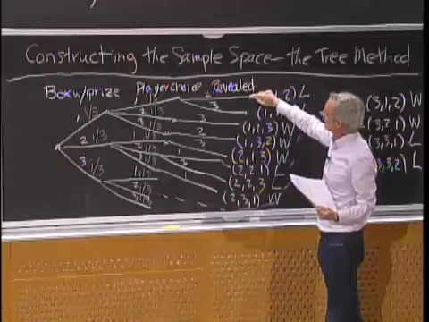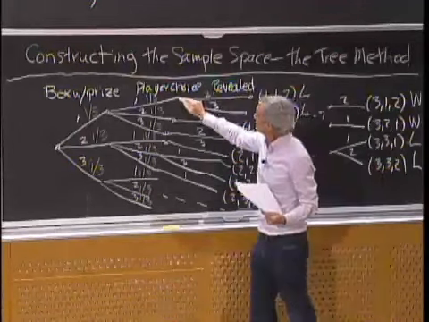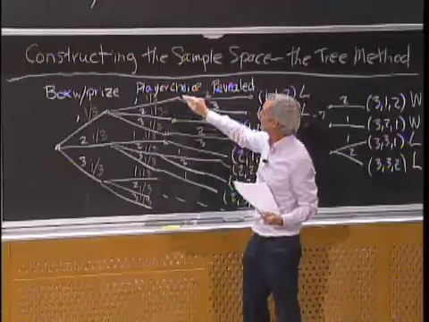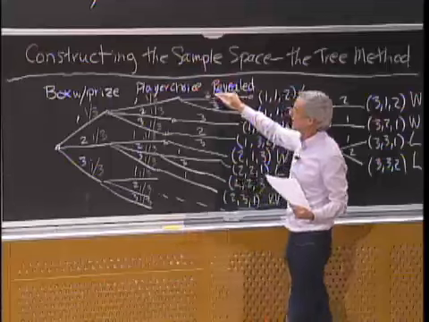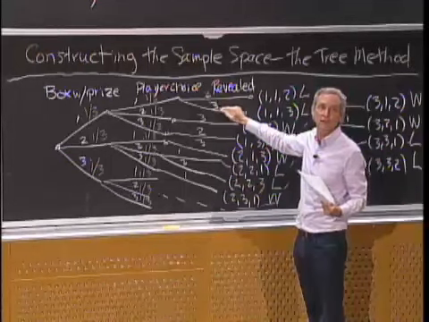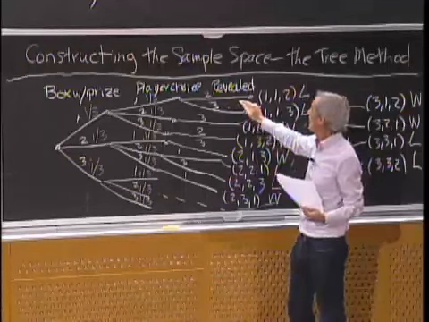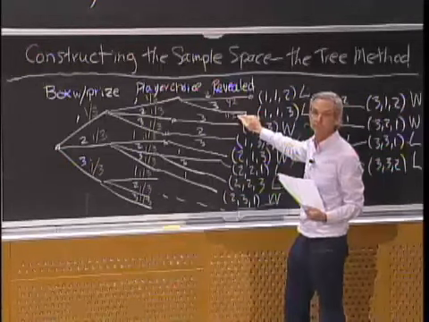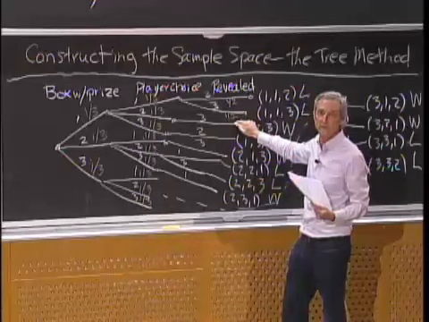Now I go to this level, and at this node, I'm in the state where prize is in box 1, player selected box 1, so Carol has a choice of 2 or 3 to reveal, and she's going to reveal each one with probability 1/2. So I label 1/2 on each of these, because that's what we've assumed.